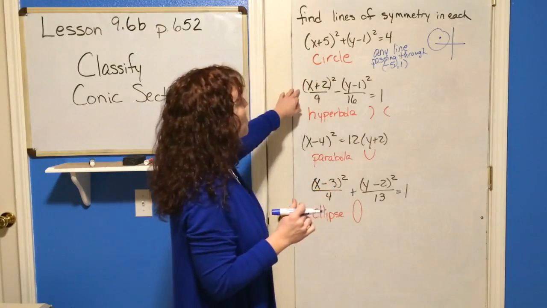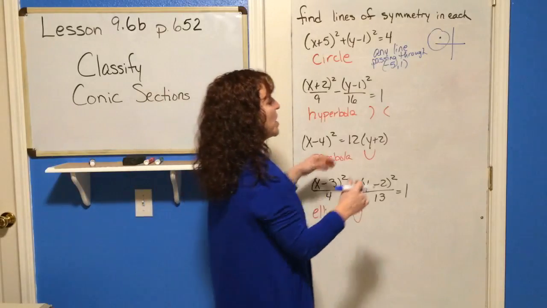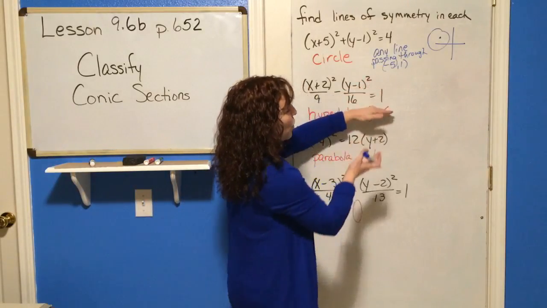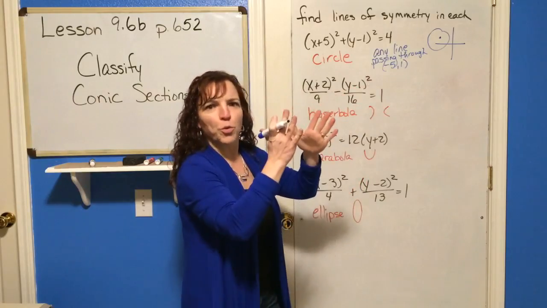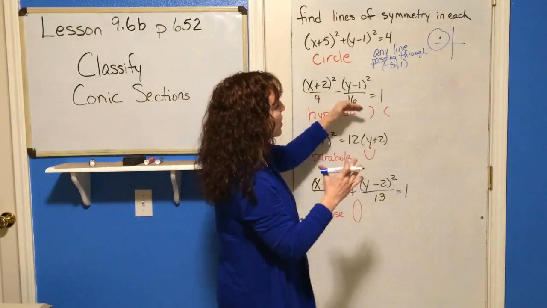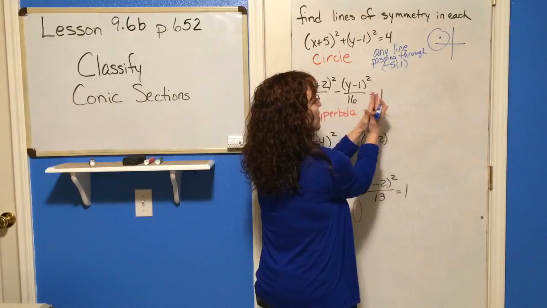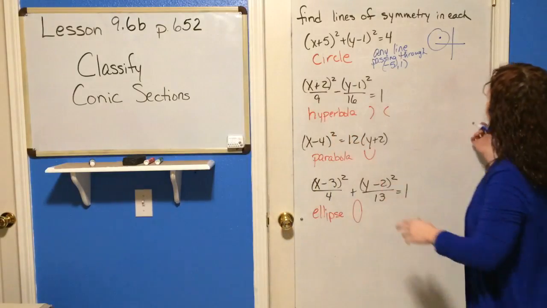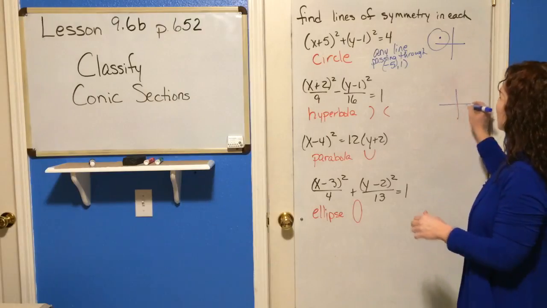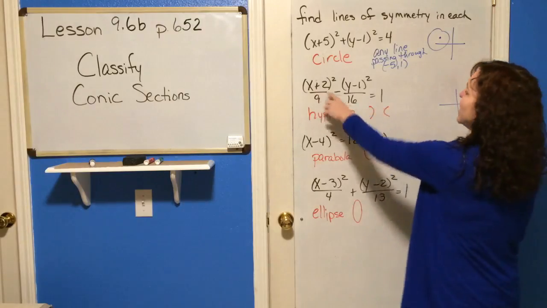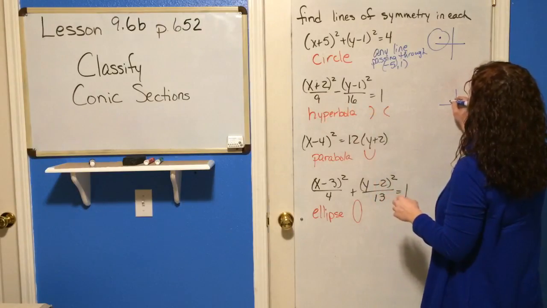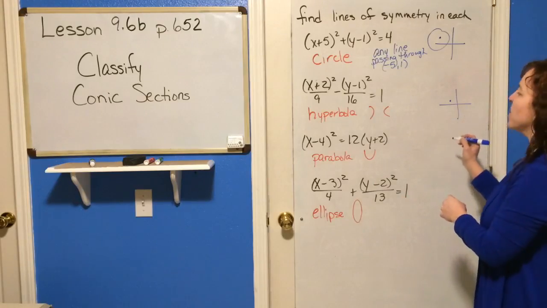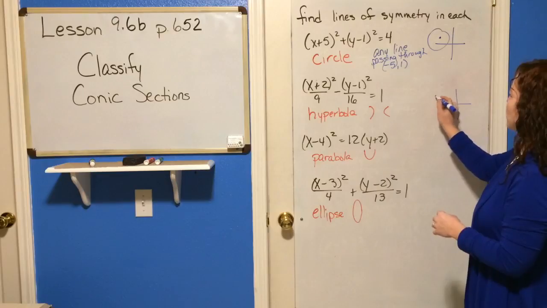With a hyperbola, you've got 2 lines of symmetry, because you can either fold it this way and cut your 2 parabolas, your hyperbola, in half this direction, or you can fold it this way and fold it back on itself. So in this case, you've got a hyperbola. The center of that hyperbola is -2, +1. So the center is here, and then it's going to open in these 2 directions.